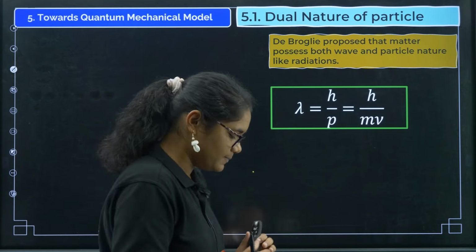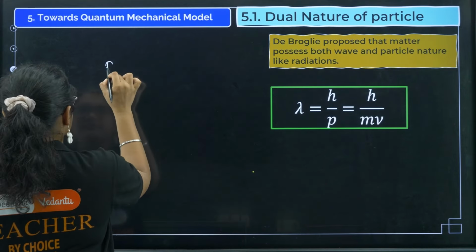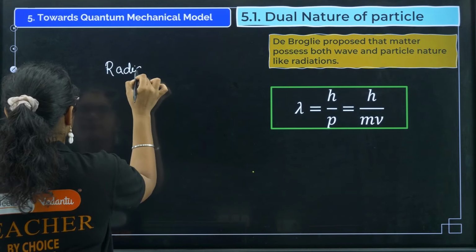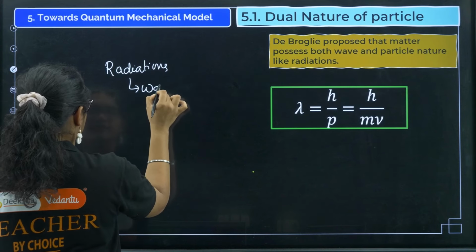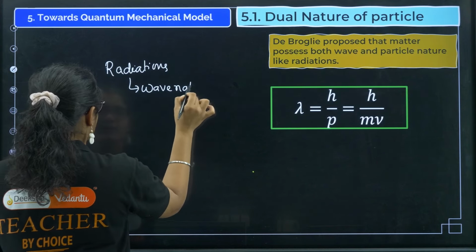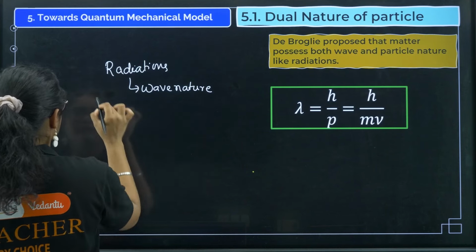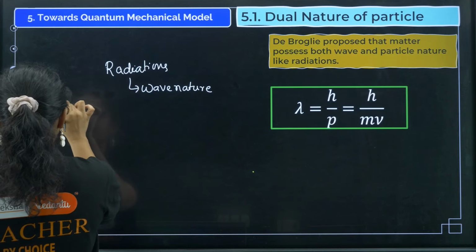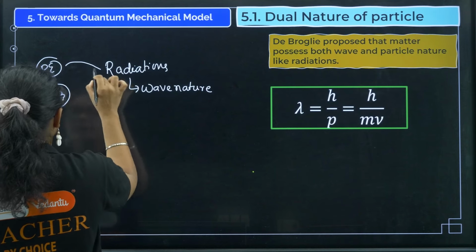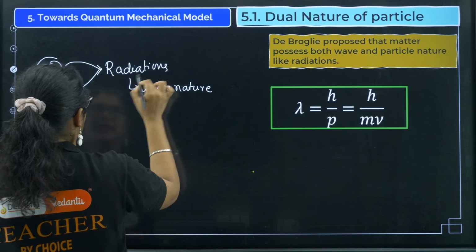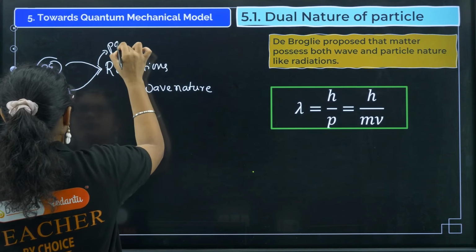See here, what I am saying is radiations were earlier believed to have wave nature, but later with black body radiation and photoelectric effect, we came to know that even radiations can have particle nature.